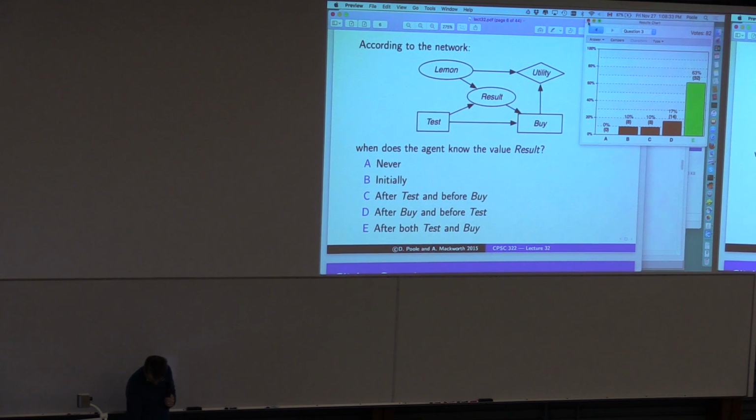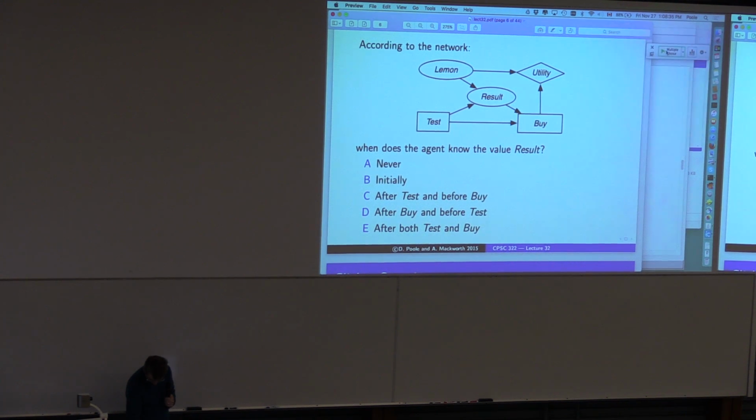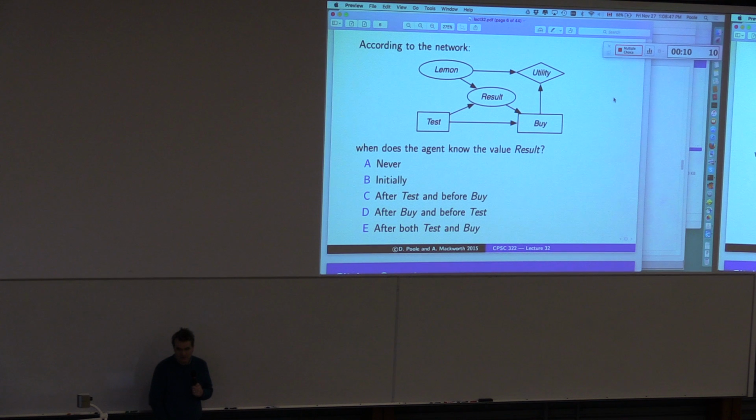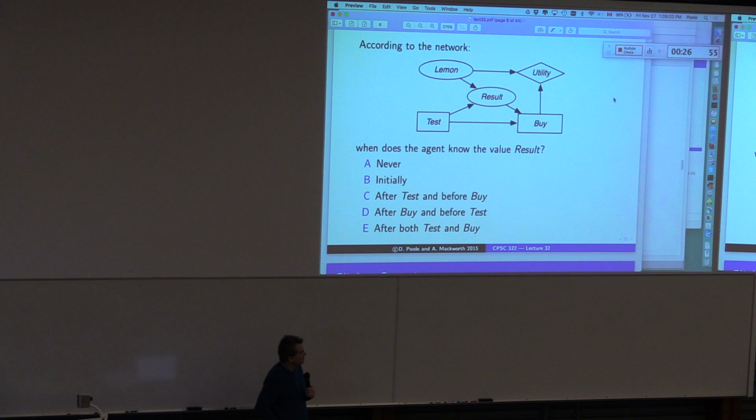So, next one. This is now different. The last one was the same as last time. Here's a new one. According to this network, when does the agent know the value of result? It's the same network. Does it never know the value of result?